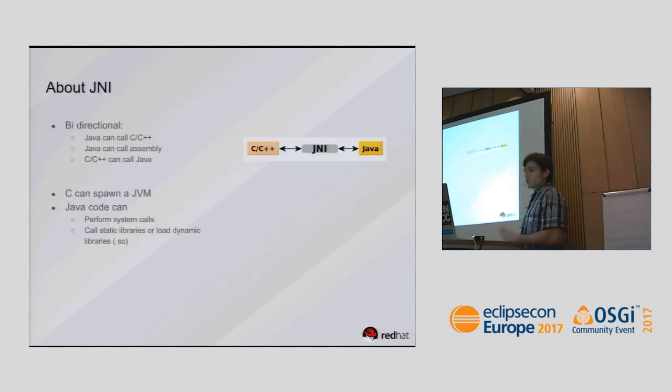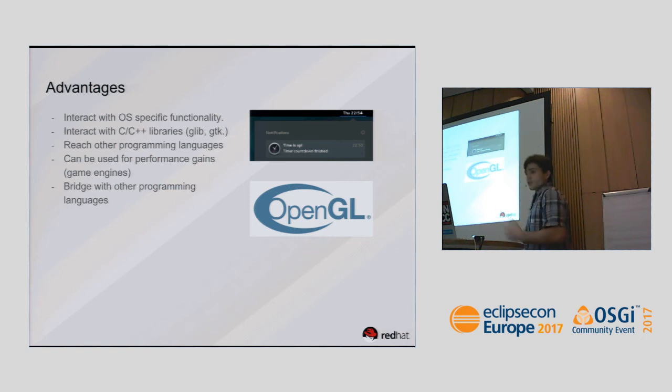In general, JNI allows Java to call C and C to call back Java. C can also spawn a JVM instance and hook into Java and access any part of it. For example, C can access private members of any struct. The great thing about JNI is that it allows you to access any part of the OS functionality that you normally cannot with Java.